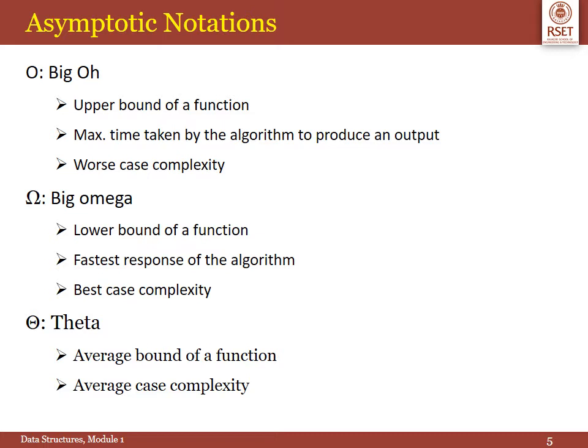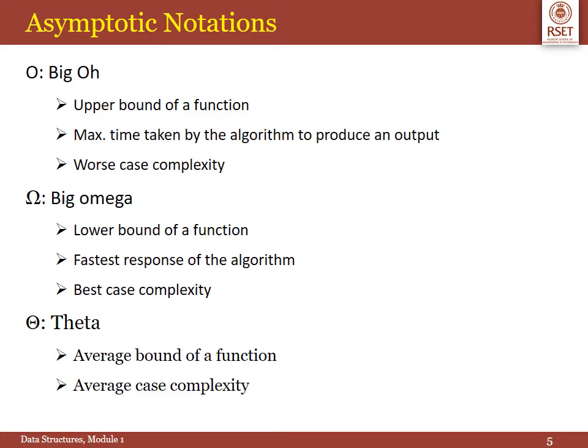You need them because in many cases it's not possible to specify the exact place of a function. So if it is not possible to specify the exact place of a function, then on the safer side we can go for either an upper or a lower bound.